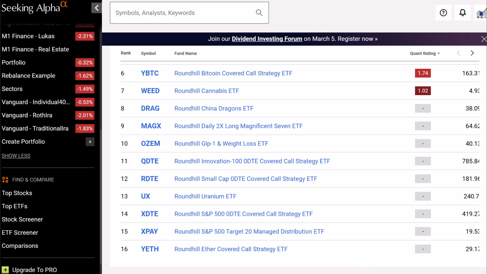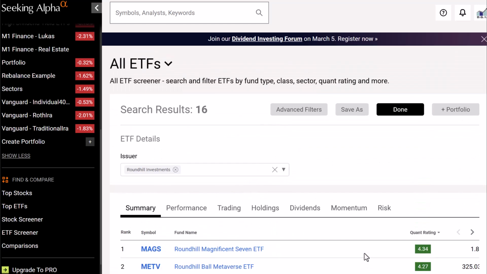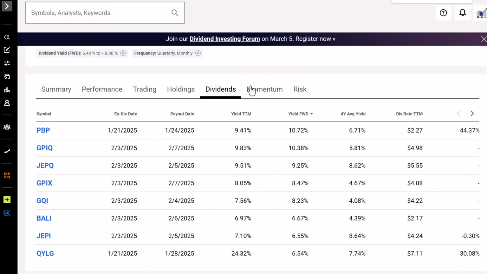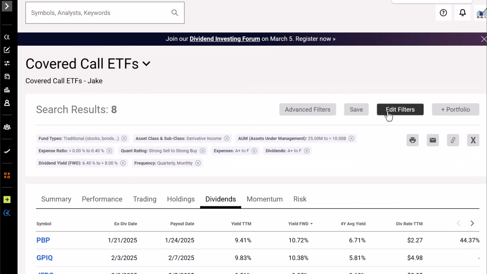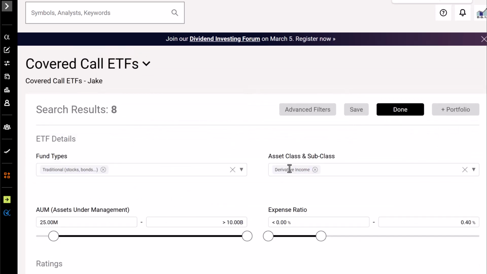That's why they didn't show up on the options ETF list. So if an ETF doesn't show up on that derivative list, this one right here, it's because it's not classified as derivative income in their database. So I'm sure that there's going to be questions on that, so I wanted to make sure that I addressed that.